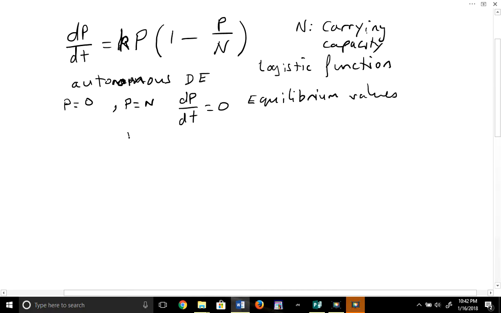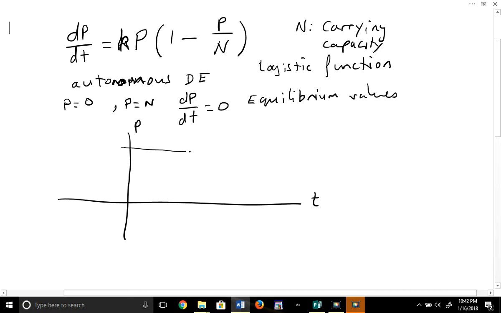So if you think about this here, we think of this as p, and this is t. Here, when p is 0, we have no change, and when p is N, we have no change.